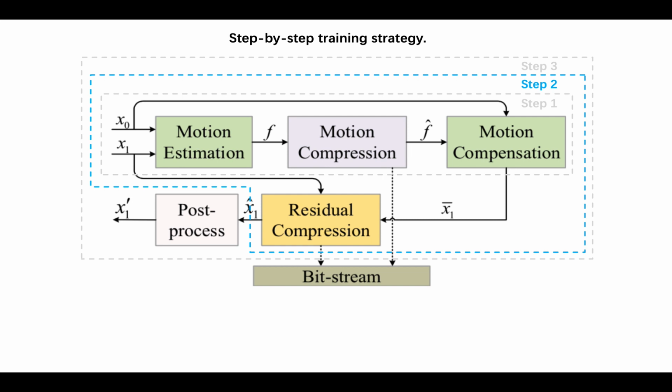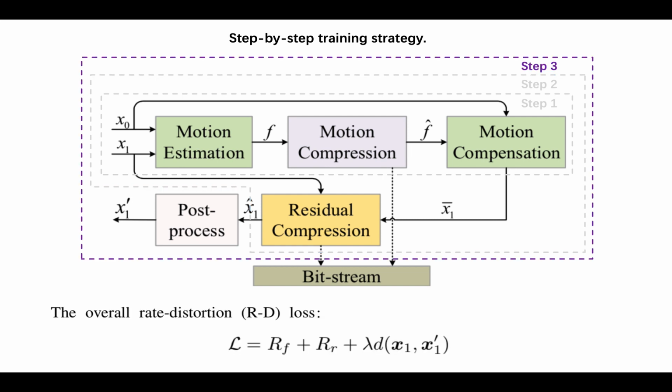Then the residual compression module is added for joint training, as shown in step 2. Finally, we add the pre-trained post-processing network and fine-tune the whole framework using the overall rate distortion loss. The rates of optical flow and residual are estimated by the entropy models. The distortion is measured using multi-scale SSIM.